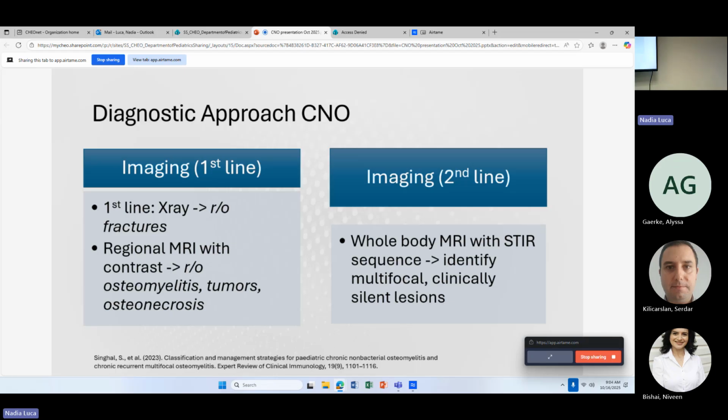And then if we find something in the regional MRI that could be consistent with CNO, we would always do the whole body MRI sequence to give us the full understanding of the presentation and help us with our treatment. Make sense? Okay.